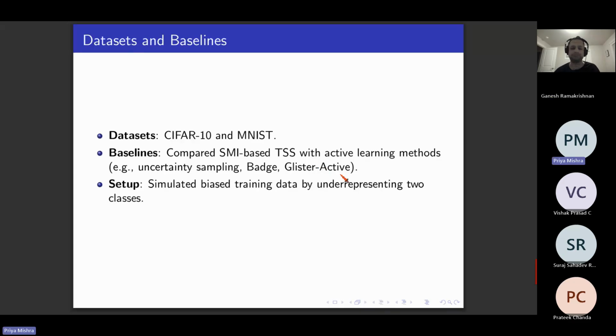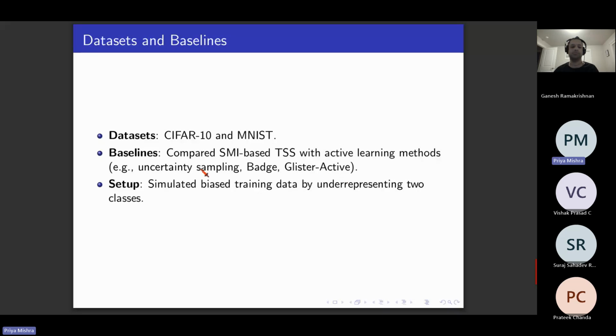So regarding the first question, which is about the baselines: the baselines are the currently existing models, before this algorithm was proposed, which were used to do this retraining of certain targeted classes.